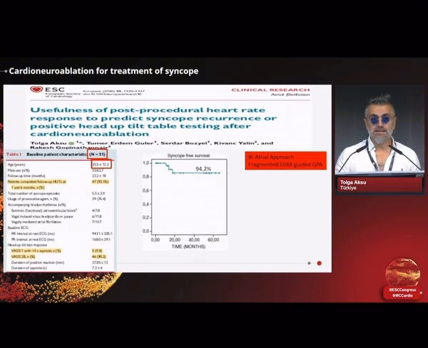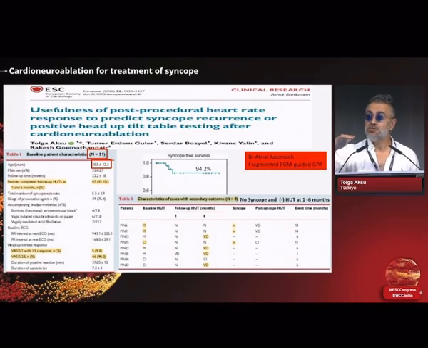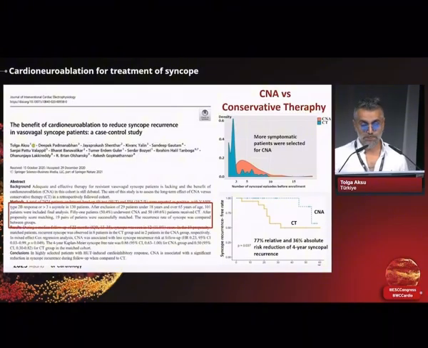This is our study. We usually included patients with pure cardioinhibitory type syncope, but we also showed a positive effect in mixed type patients. But after the CNA, we checked tilt testing, and we still found some vasodepressive response after cardioneuroablation. So according to our experience, cardioneuroablation has no effect on the vasodepressive component.